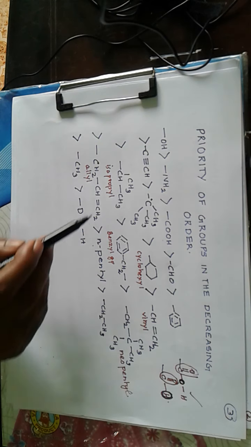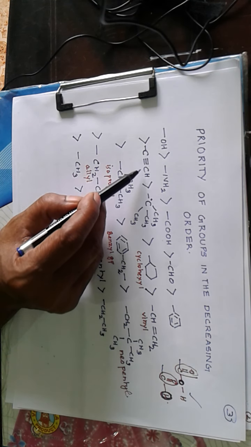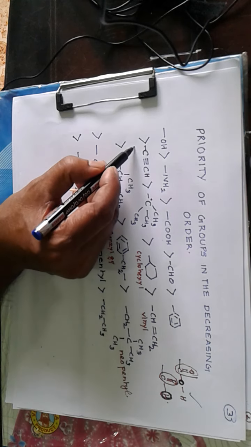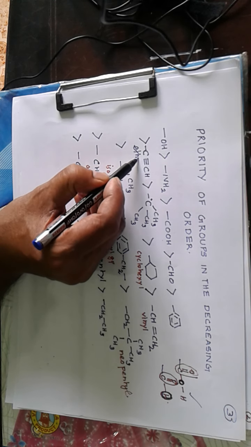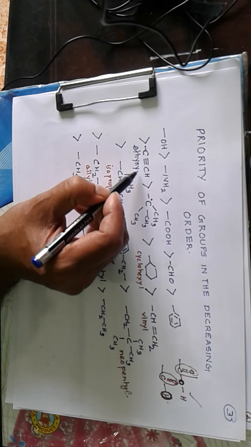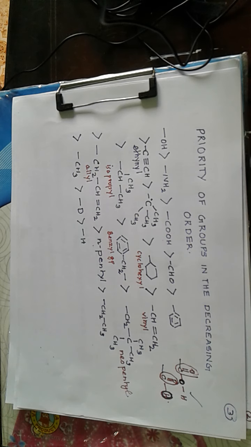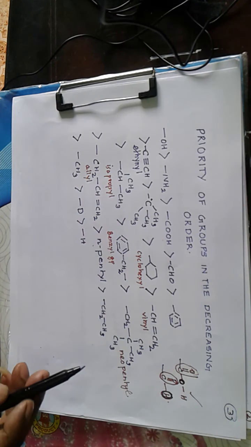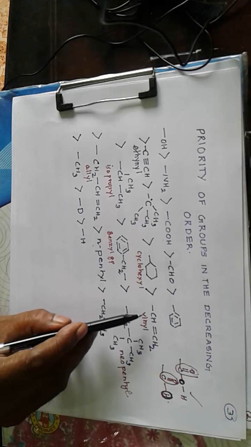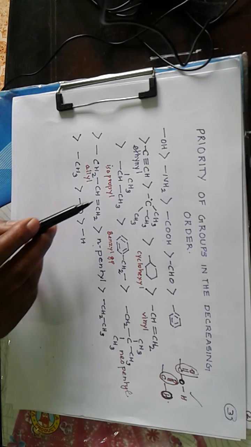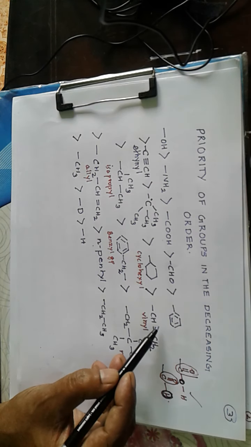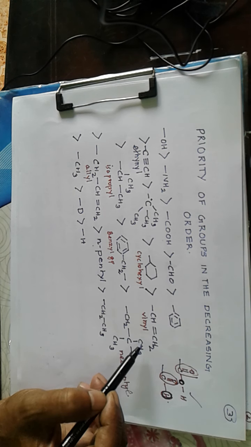Then comes phenyl, then this is called the ethynyl group. This is the tertiary butyl group, cyclohexyl group, this is the vinyl group, isopropyl group, and in the vinyl group on duplication we get three carbons in a chain.